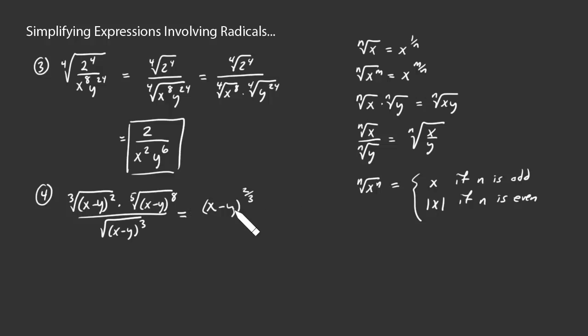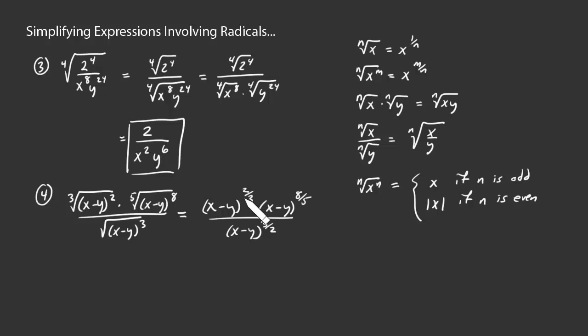And then here, in a like manner, we have x minus y to the 8/5. And finally, in the bottom, we have an x minus y. Again, remember, this is an understood 2 right here, to the 3/2. Okay? Now the laws of exponents take over. We know exactly how to deal with this. We have the same base to various different powers being multiplied and divided.